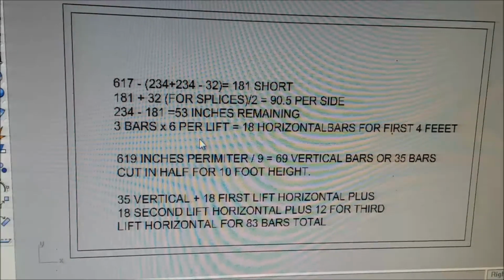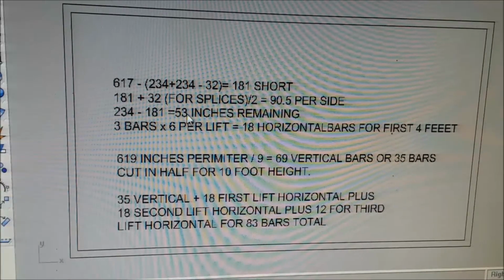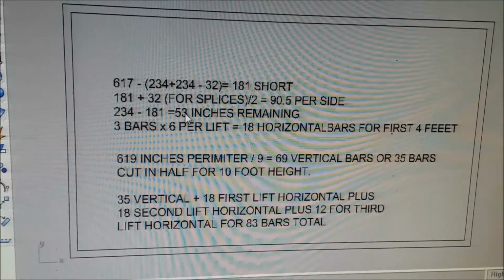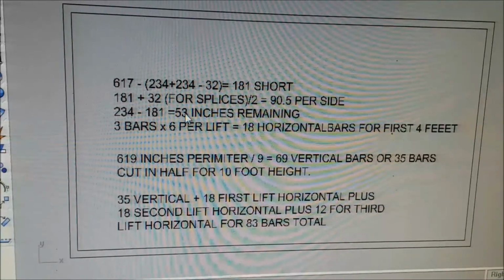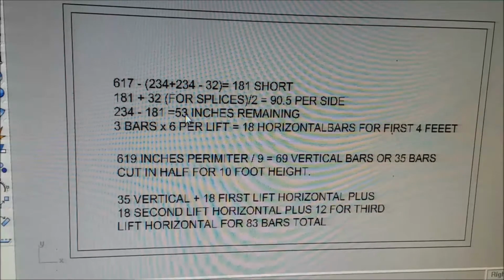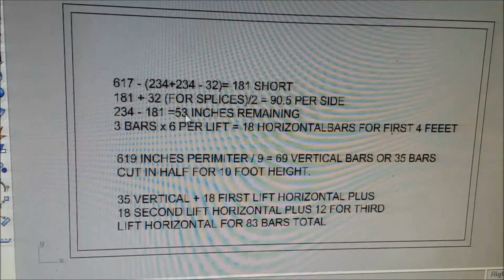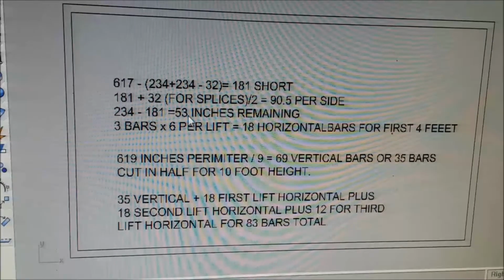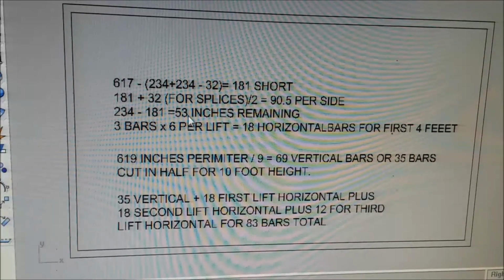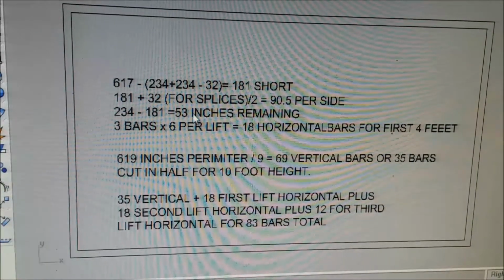Those are going to go under the windows because our first lift is 4 feet. And I put a little bend on the end of these bars, like a 2 or 2.5 inch bend. That's for anchorage, so that you can't strip the rebar out of the concrete. That'll let us work with that 48 inch height. Plus, we want 2 inches of cover over the end of the bar, so that it doesn't have little round rust spots coming up to the surface.